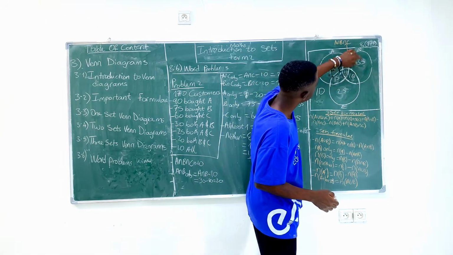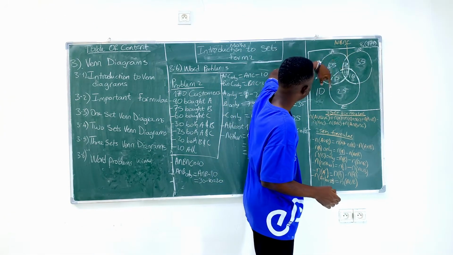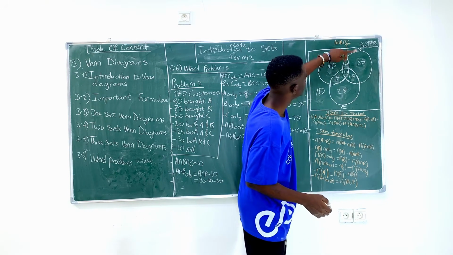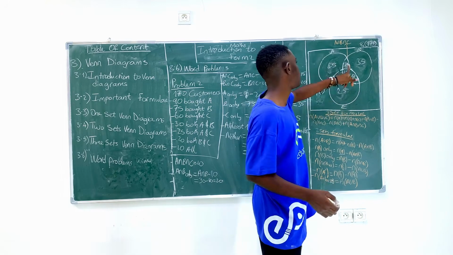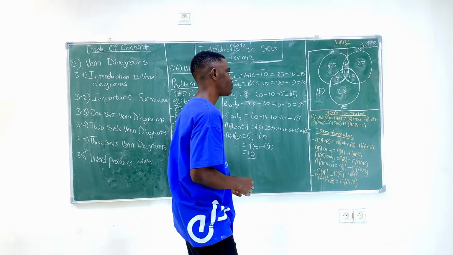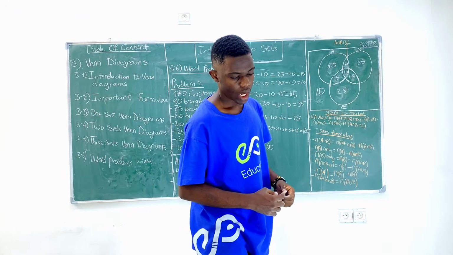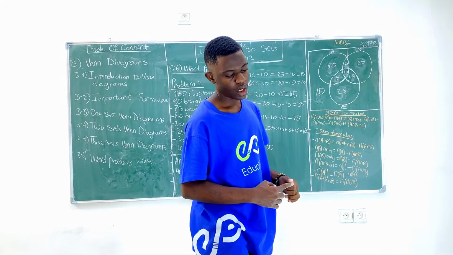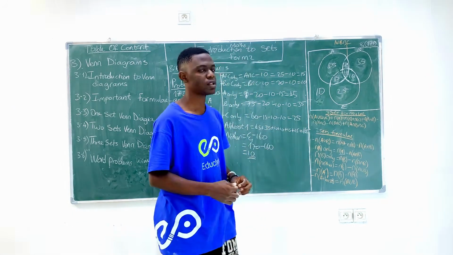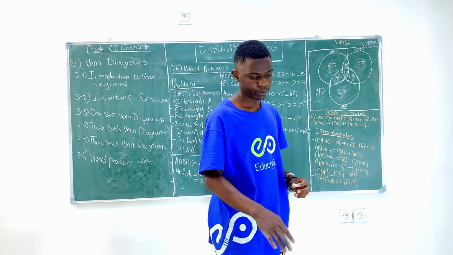So you add up 20 plus 10 plus 15, 45. And the C part, the last part, says how many like none? It is 10.